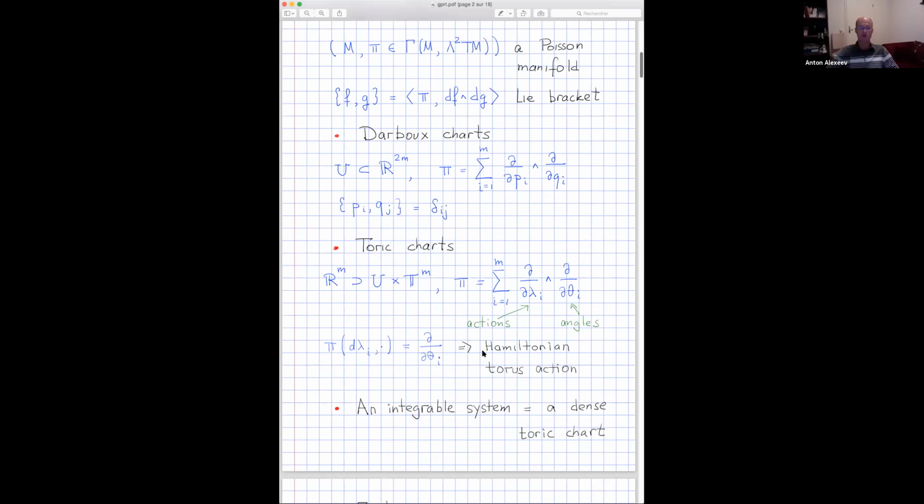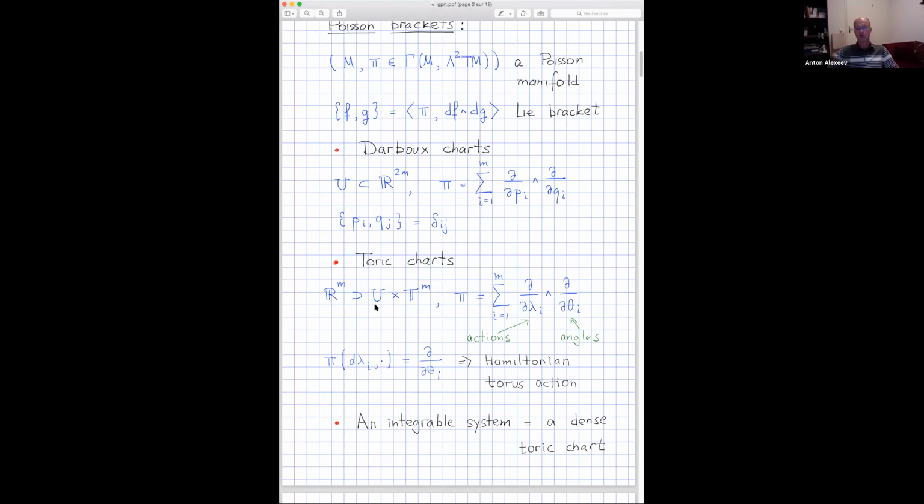A version of this construction are toric charts. Now we take an open subset of R^m, and we multiply it by the torus of dimension m. Here the torus is simply a direct product of m copies of a circle. We take a similar Poisson bracket. Now we call the coordinates on R^m λ_i, and we call the angles θ_i. The coordinates on R^m are called actions.